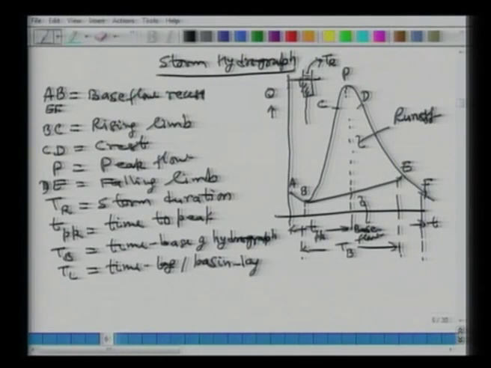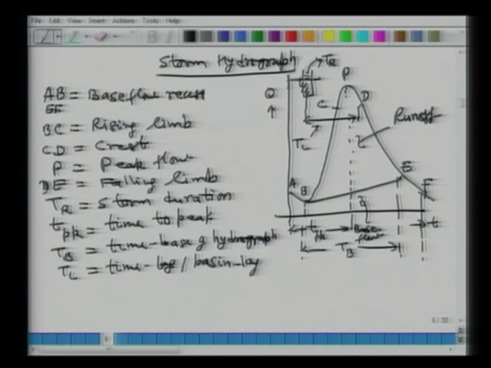And D is, let us say, the point of inflection of the hydrograph. This time is called basin lag. This is the time delay of the basin. It responds after that much time. So, it is synonymous or equivalent to time of concentration in most cases. So, these are the basic elements of a storm hydrograph.